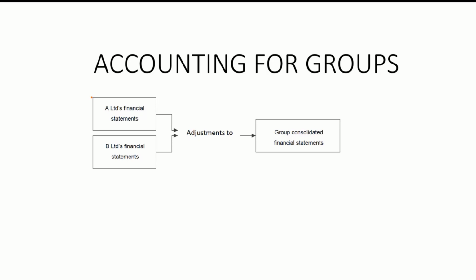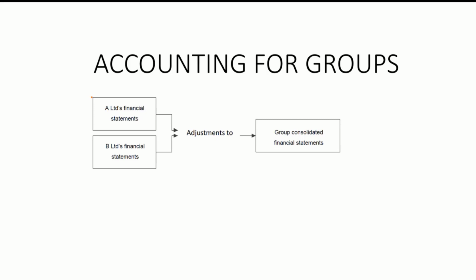They have to be eliminated, they have to be cancelled as well. So you eliminate profit, you eliminate balances, and you also eliminate the initial transaction that took place when the holding or the parent company acquired the subsidiary. So those are the adjustments that you make.